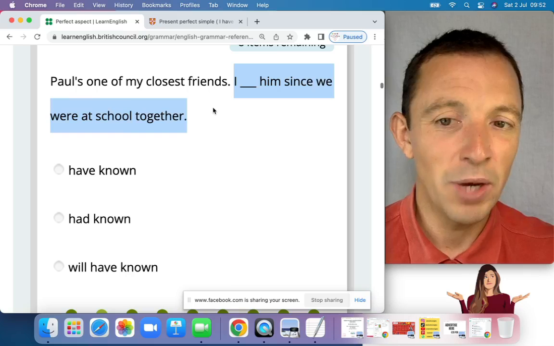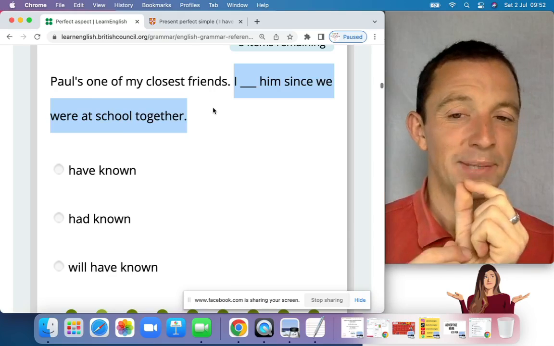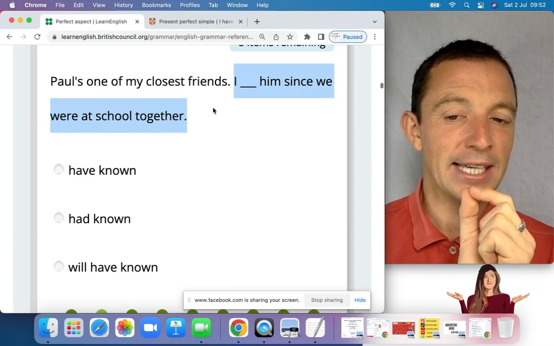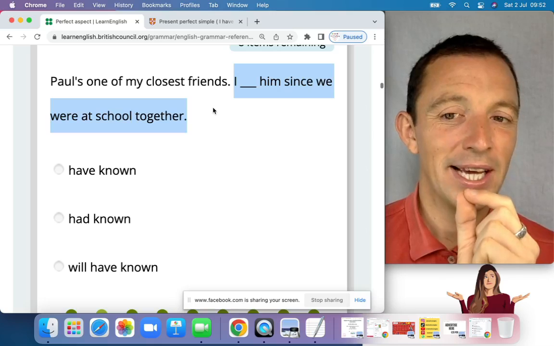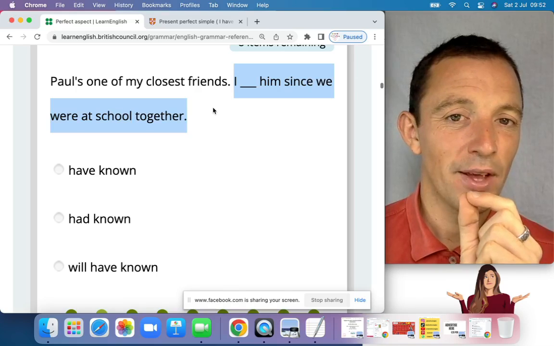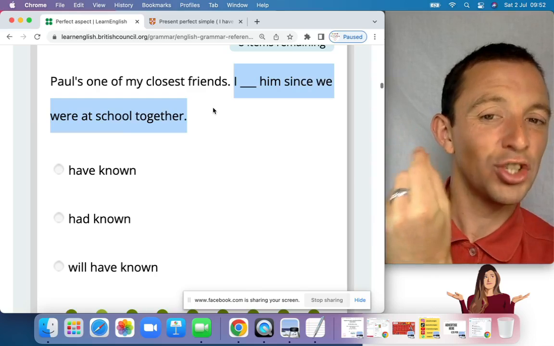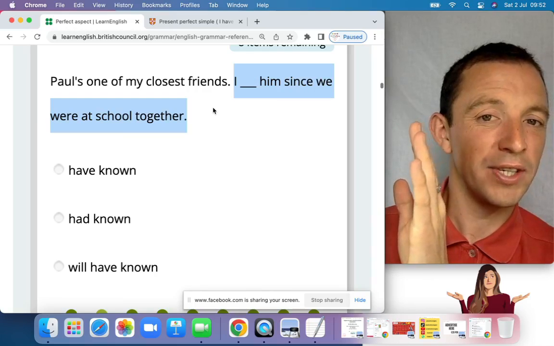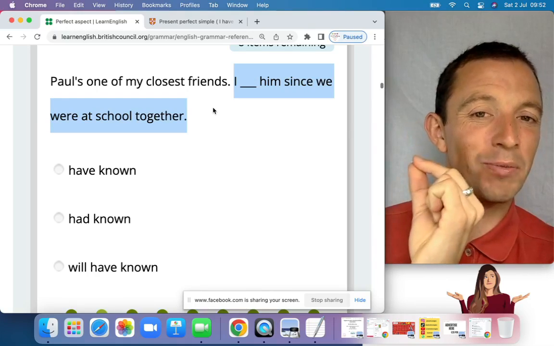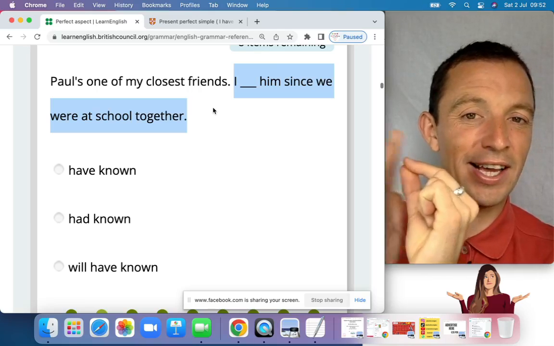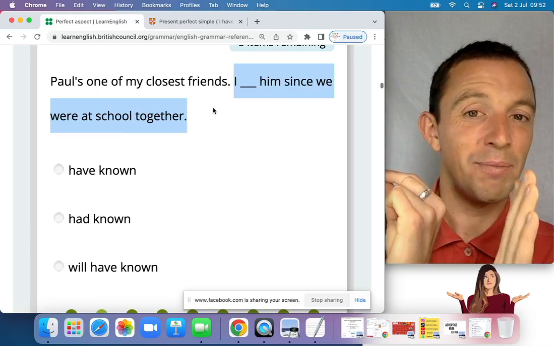Him, since we were at school together. So we are speaking about the present, and we want to describe the period before, since we were at school together. So since that moment we were at school, I continue to know him until the present.